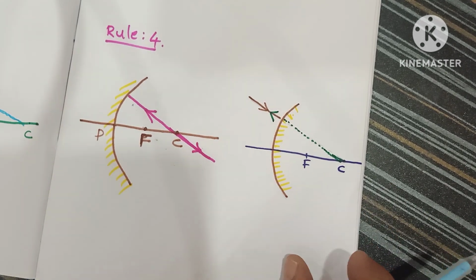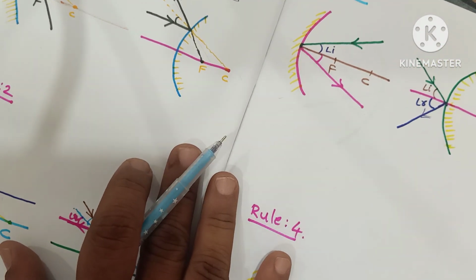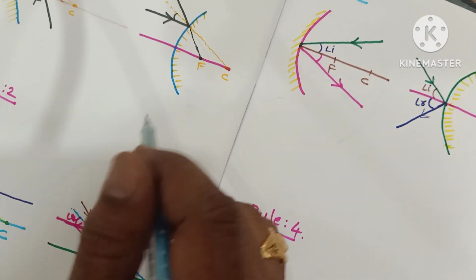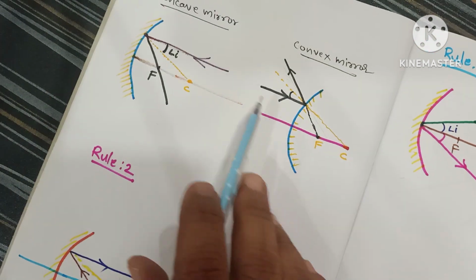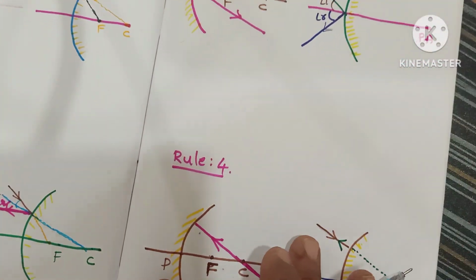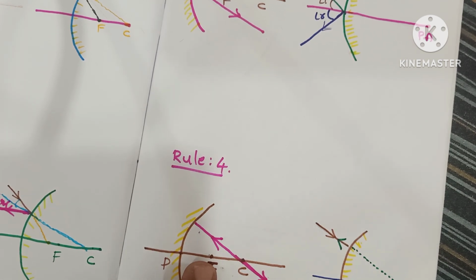So these are the 4 rules we use to draw ray diagrams for the formation of images. In order to draw the ray diagrams, we need to consider any 2 of these rules: Rule 1, Rule 2, Rule 3, Rule 4. Any 2 of these rules can be used.